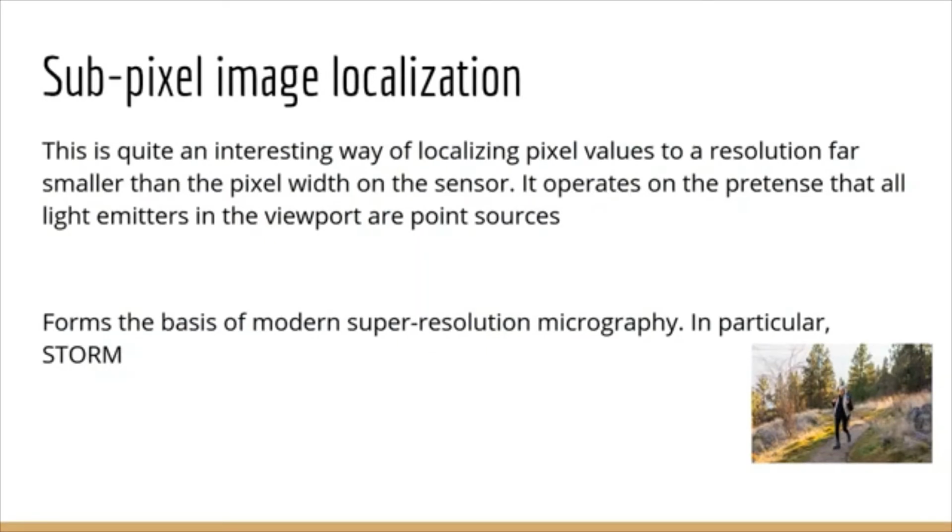Okay, subpixel image localization. This is actually quite an interesting application of how image localization can be done. It requires that all the light sources or light emitters in the viewport be point sources. They cannot be a beam. They have to be rays. Only when they are point sources, consider that you have 10 pixels.